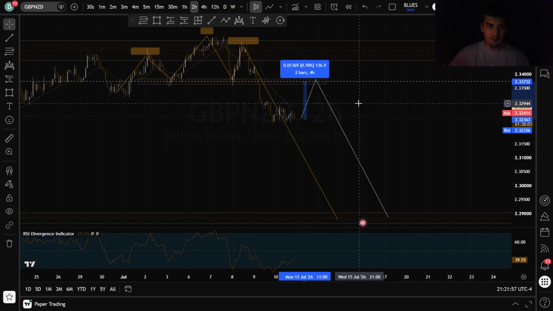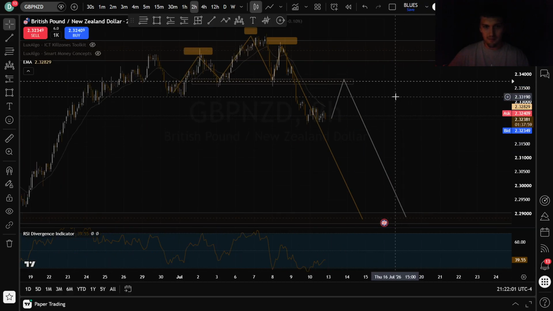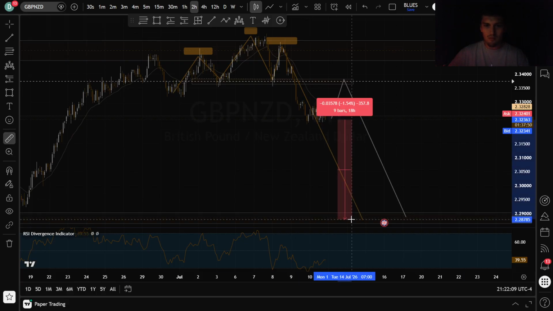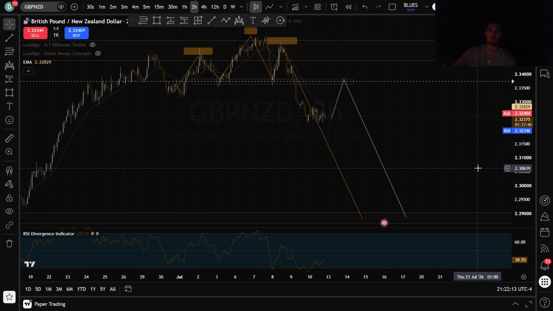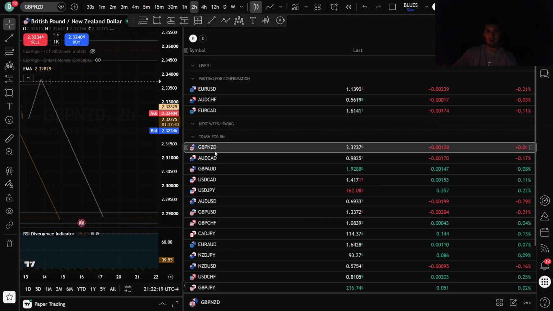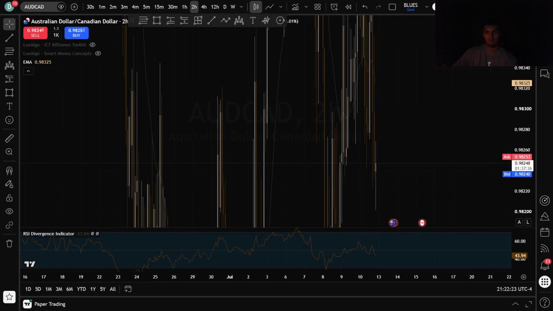I doubt that that'll happen, but that is the only reason why I would get into this trade, is if we come back up into that zone, meaning that we would have to go 357 points to the downside. Very low likelihood that'll happen, so I'm going to keep that in the trash bin for now. So now we're going to go to Odd CAD and see what we have there.